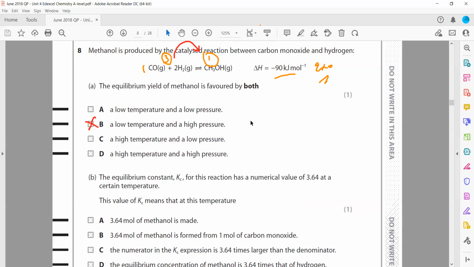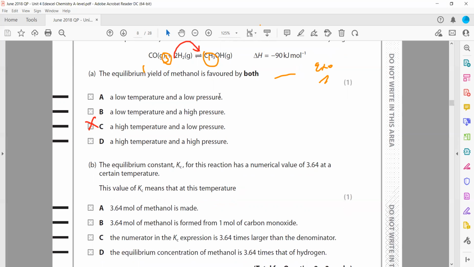The equilibrium constant Kc for this reaction has a numerical value of 3.64 at a certain temperature. This value of Kc means that at this temperature... now, what is the meaning of a Kc? Basically, Kc or Kp is product divided by reactant, and the numerical value is 3.64.